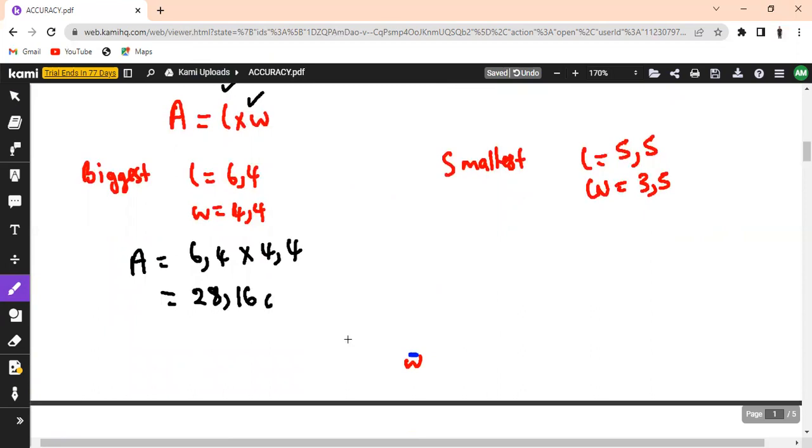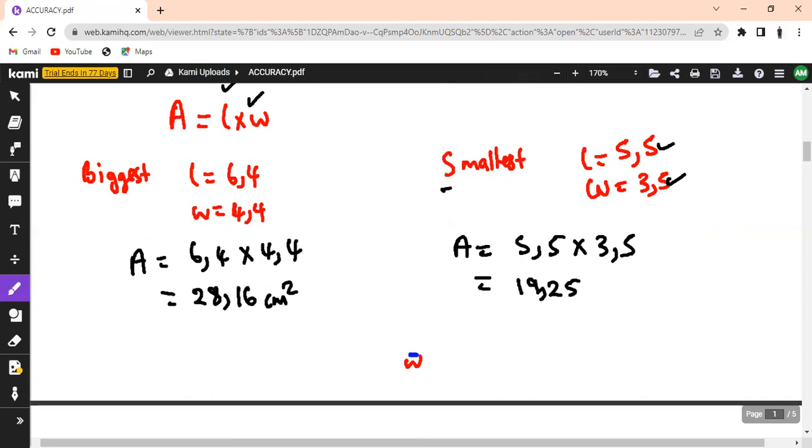So this is your biggest area. Then we calculate the smallest area, length times width, 5.5 times 3.5, which is going to be 19.25.